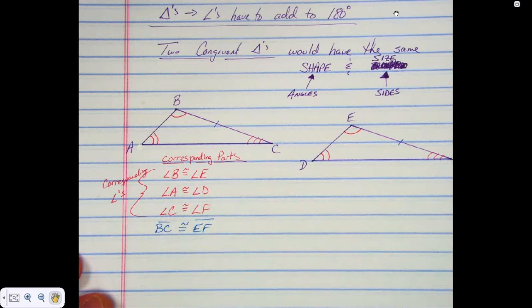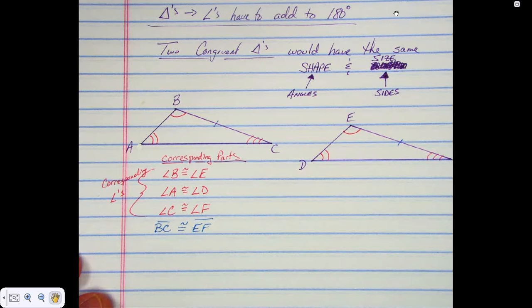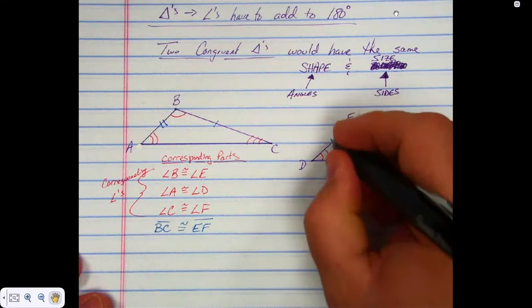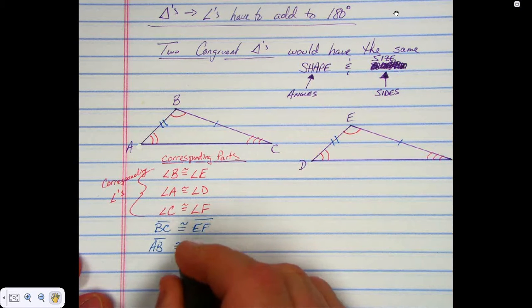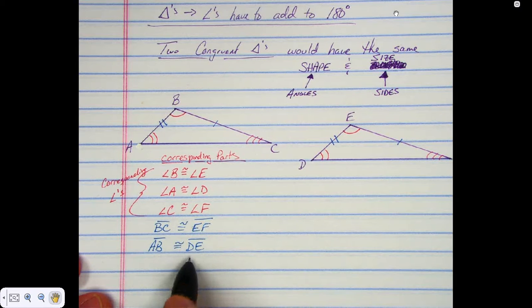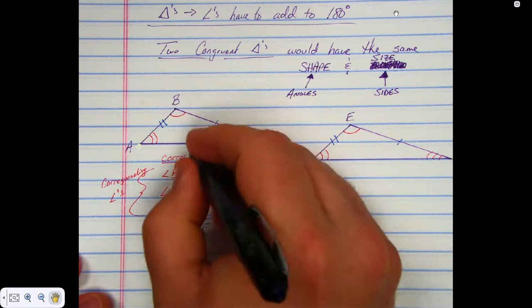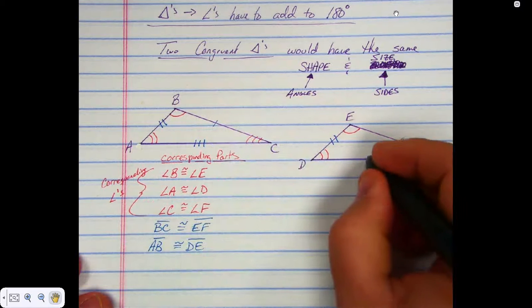Would everyone agree with that? Yes. Is there any more parts? AB and DE. AB is congruent to what? So AB is congruent to DE. Okay, our last one, AC and DF. AC is congruent to what?